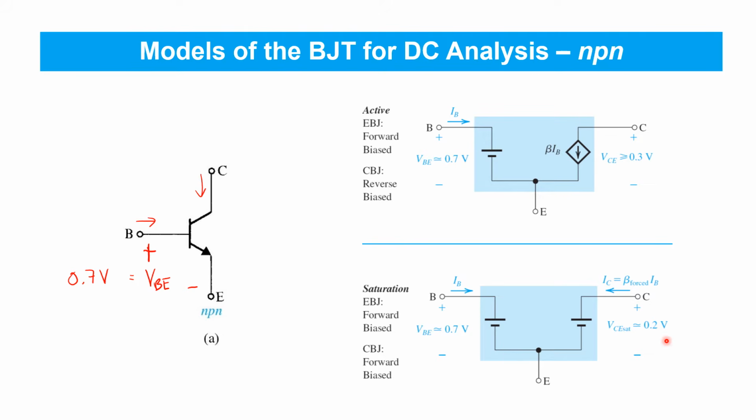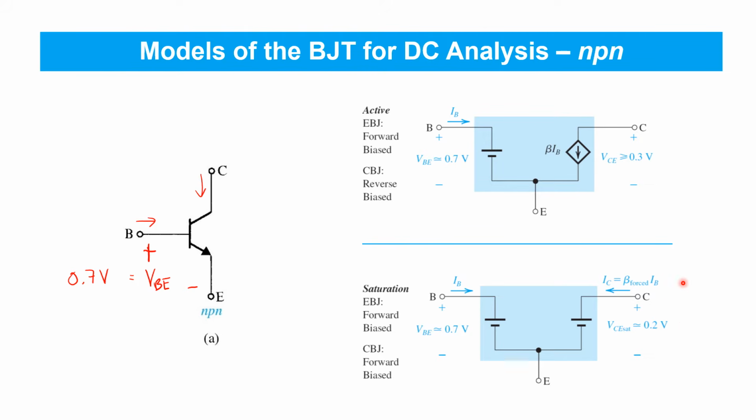If we're deep in saturation, this voltage drop may be only 0.1. If we're on the border between saturation and active mode, the voltage drop may be right at 0.3. As you can imagine, making these different assumptions might result in only a very small change in the overall current that's calculated.